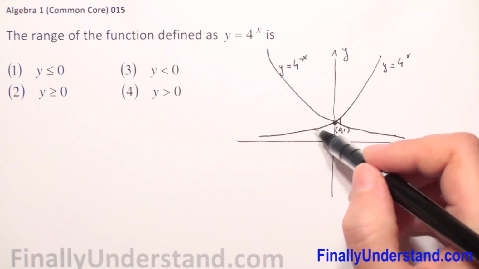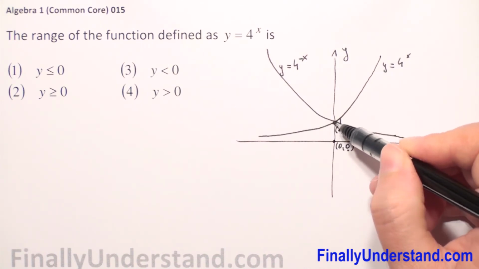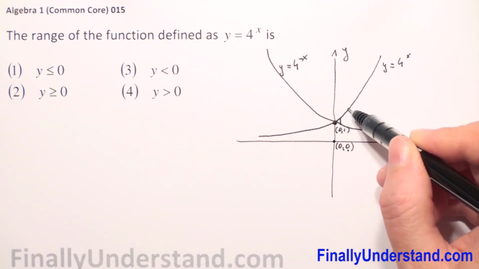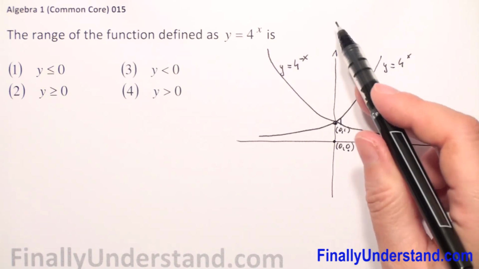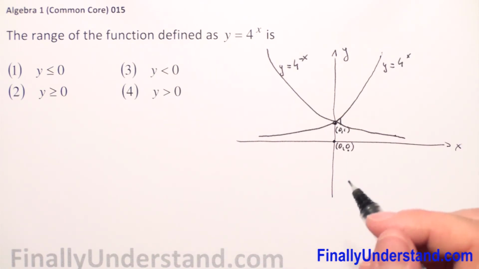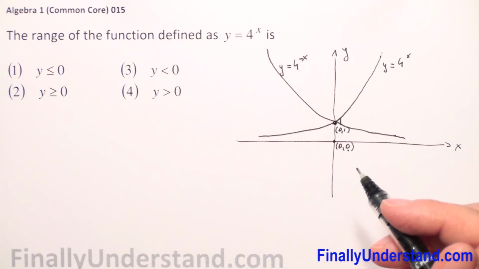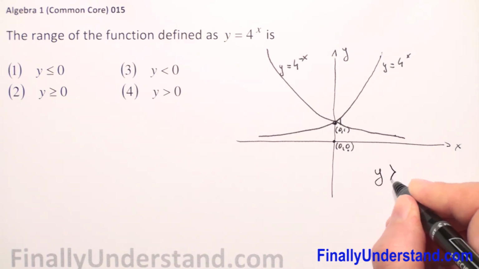And what else? We see that the values go up. For the point (0, 1), the value is 1. Next, the value will be 2, 3, 4, and so on. They are going to infinity. So we can write that the range of an exponential function is always greater than 0.